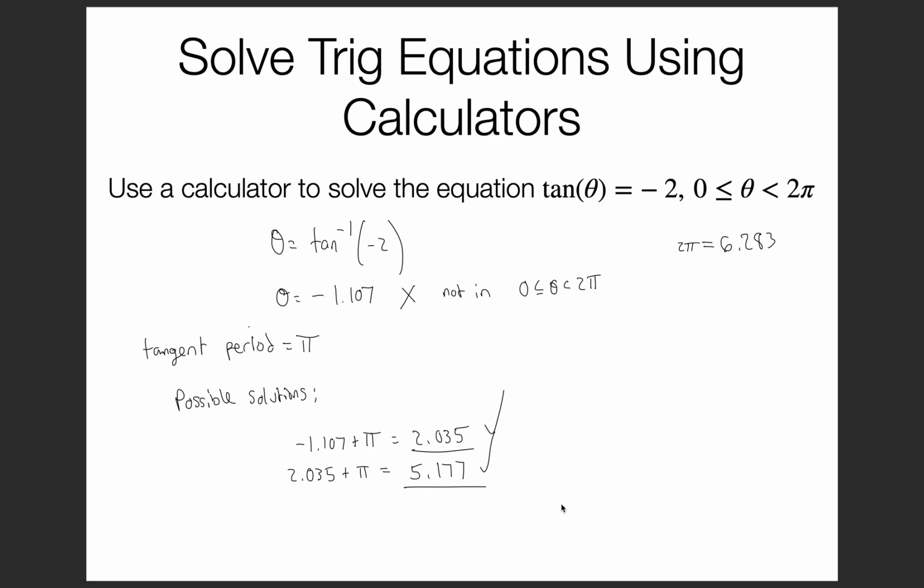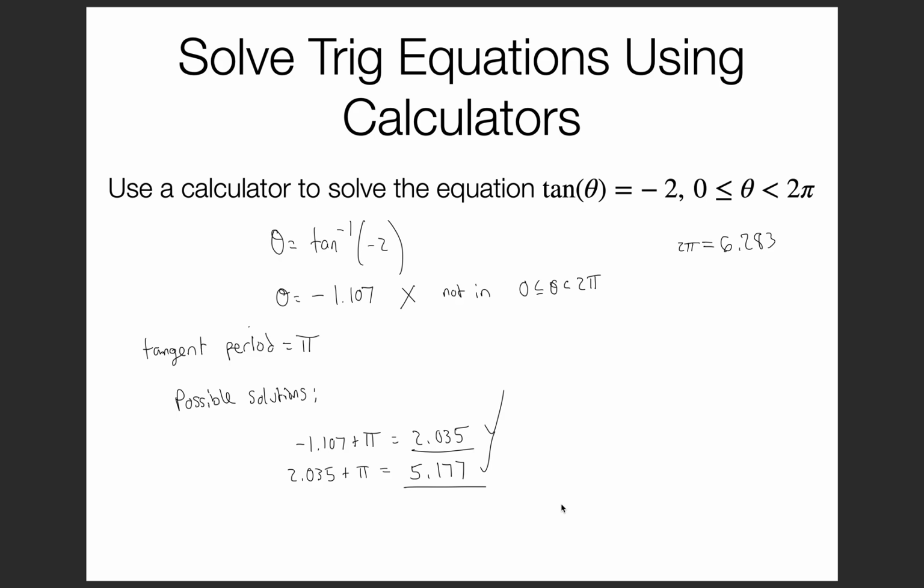Now that is a solution to the equation that we have, but unfortunately it's not in between the intervals 0 to 2 pi. So that's not going to be a solution to our problem, because of course it's a negative number.